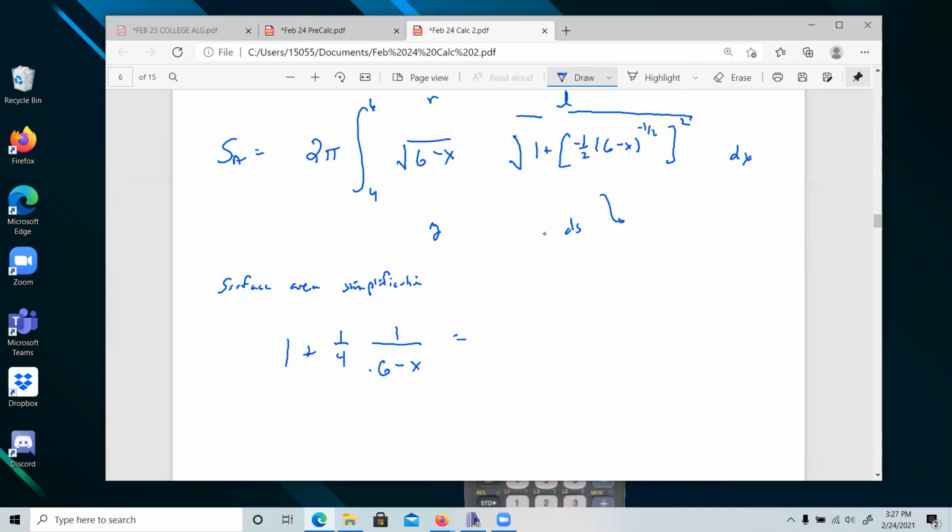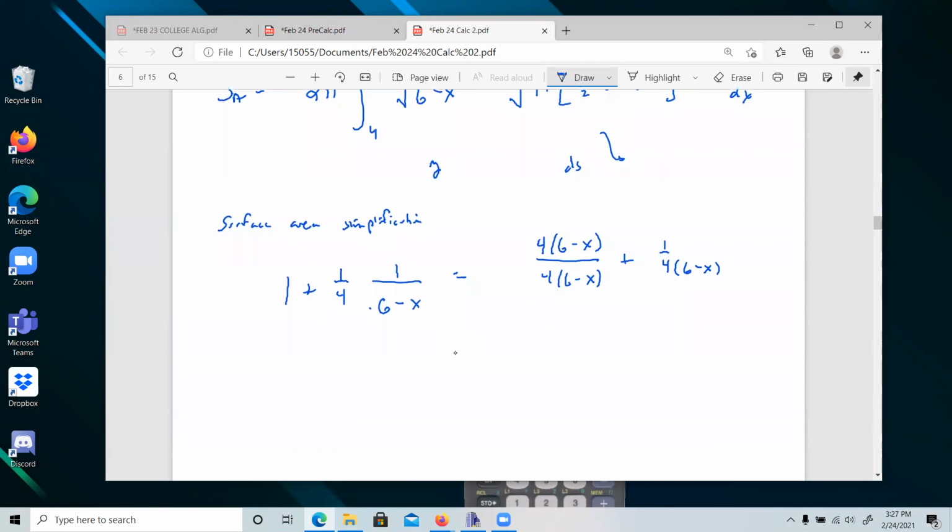We're going to say this is going to be (4 root 6 minus x) over (4 root 6 minus x). That's a fancy way to write 1, right? And we're going to add 1 over the fourth root of 6 minus x. All right, so that is equal to 24 minus 4x plus 1 over the fourth root of 6 minus x.